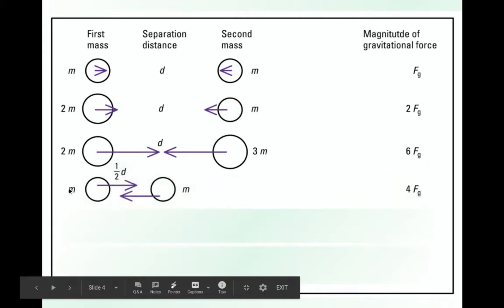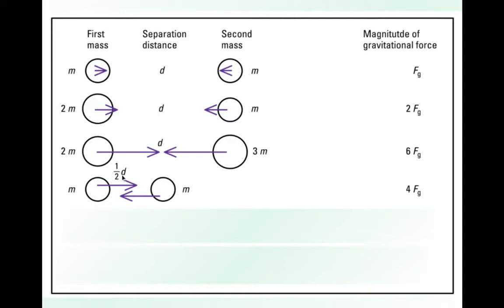Okay. If we half the distance, again, because Fg is inversely proportional to r, okay, 1 over r squared. Okay, if we half of it, so 1 over 1/2 squared, which is equal to 1 over 0.25, which is equal to 4. And so, again, they would have the vector lines that are between our 2 and our 6 for length.